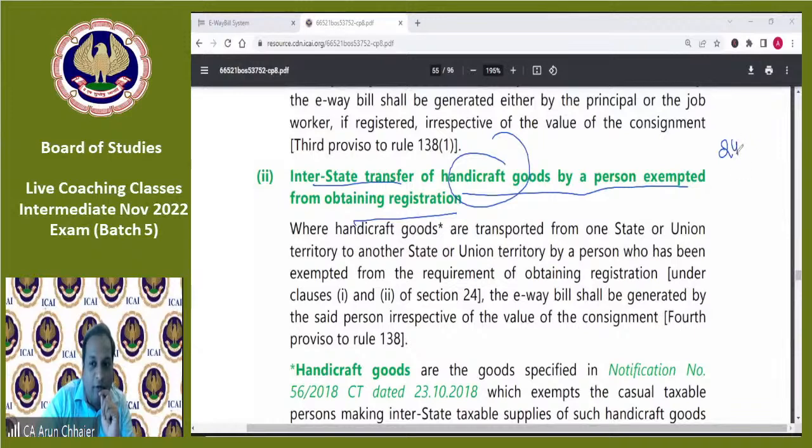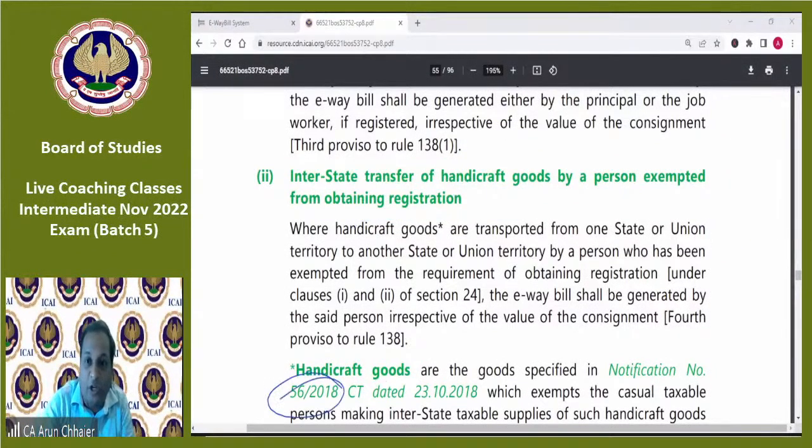Section 24, clause 1 and clause 2. Let's say clause 2 is talking about a casual taxable person needing to obtain mandatory registration. In the registration chapter, we have discussed this notification 56 of 2018, which has been issued using the power under section 23.